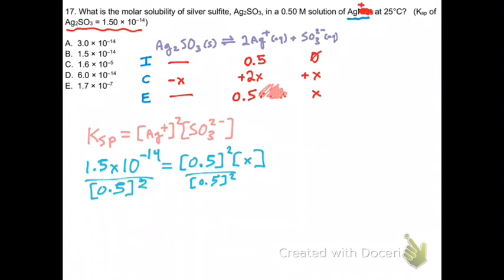And get that X is equal to 6.0 times 10 to the negative 14th. And so our answer is going to be D. Because remember, X is the molar solubility, so that's what we were solving for here.